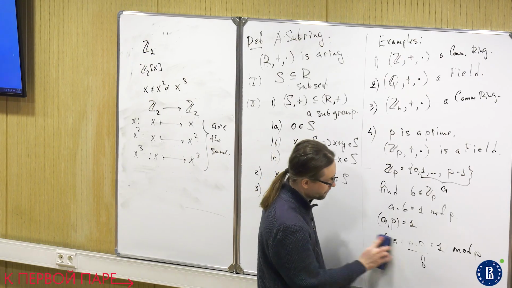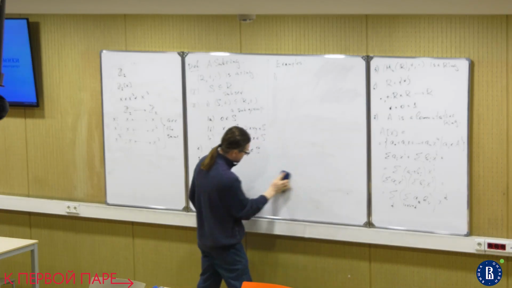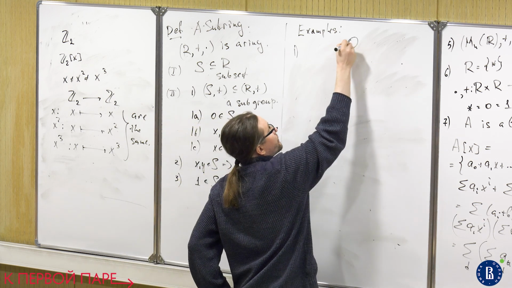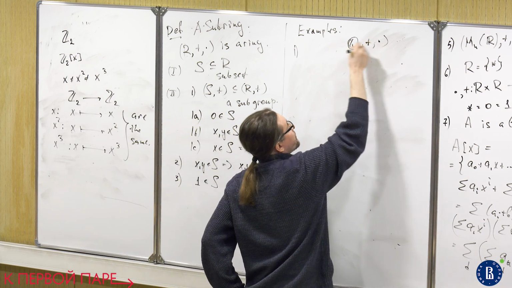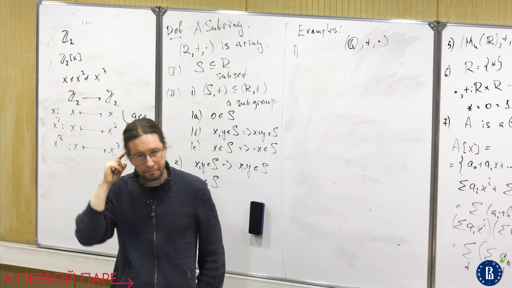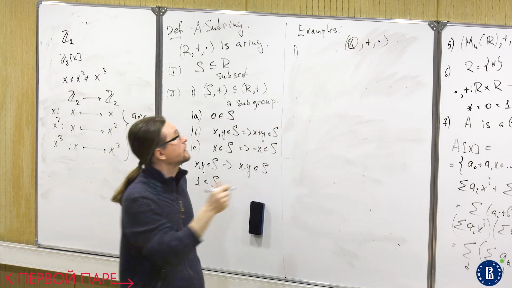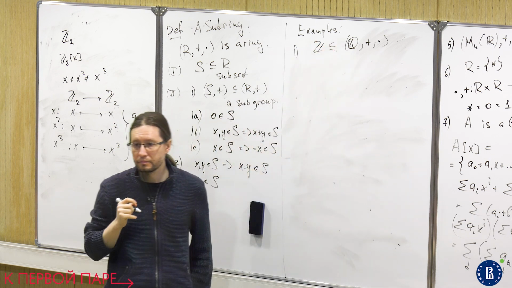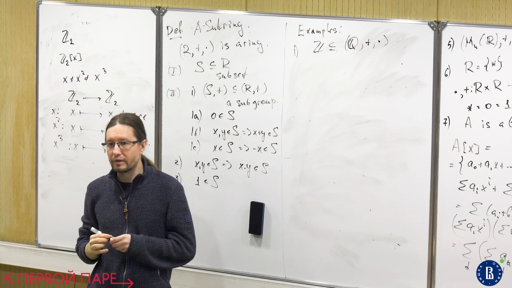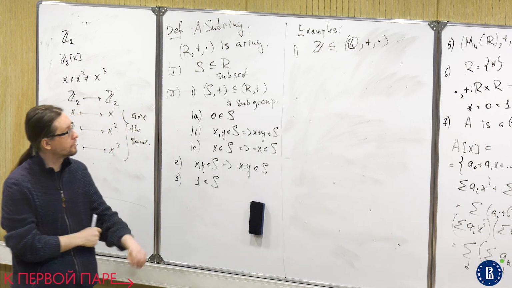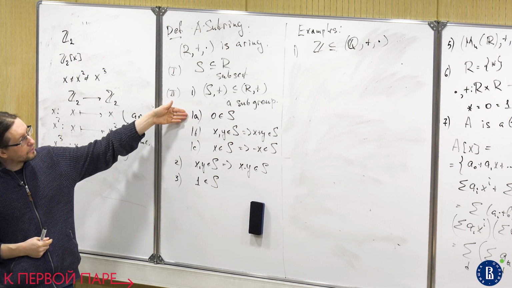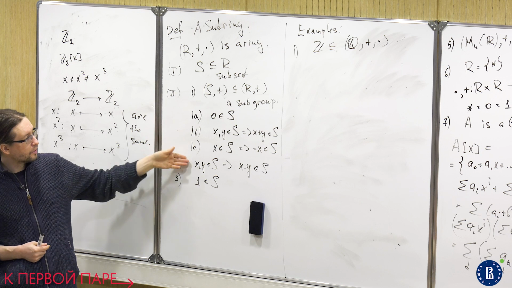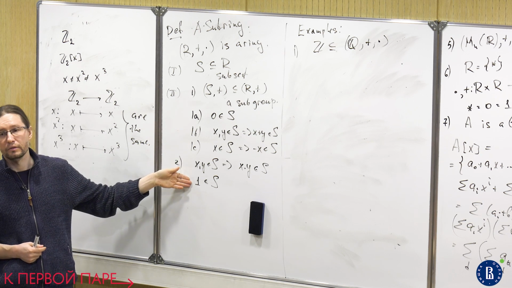Let me give you an example. Suppose our ring is Q with addition and multiplication. This is the ring R. Let's take the subset of all integers. The subset of integers contains zero, it's closed under addition, it's closed under subtraction, it's closed under multiplication, it contains 1.